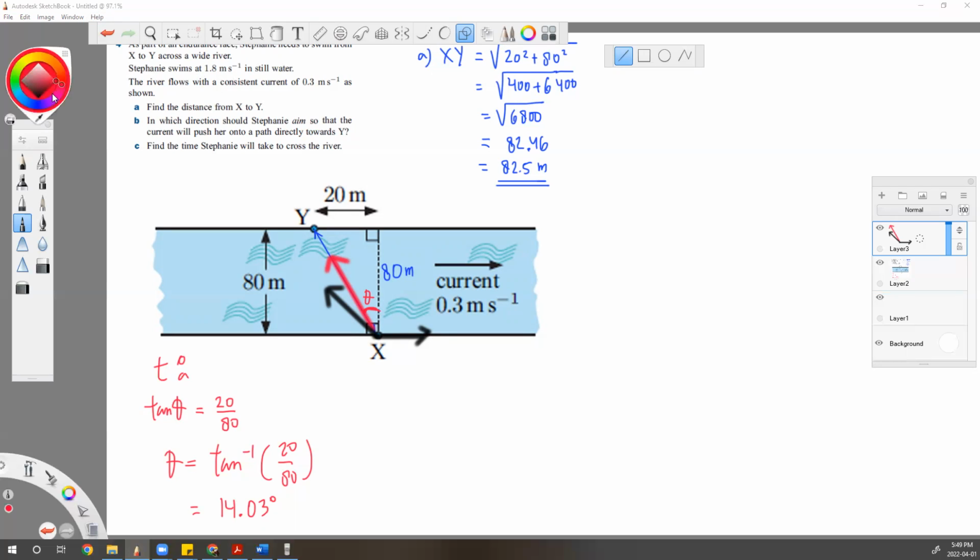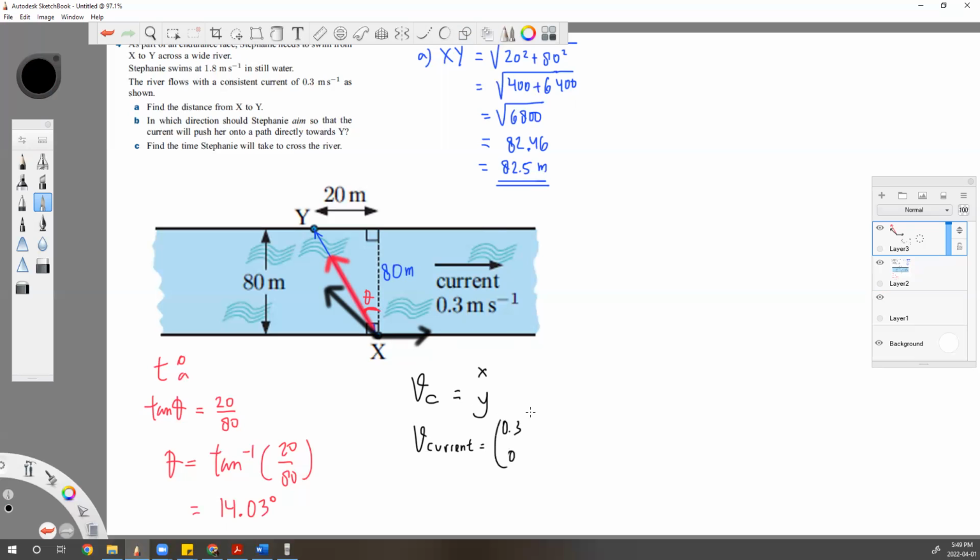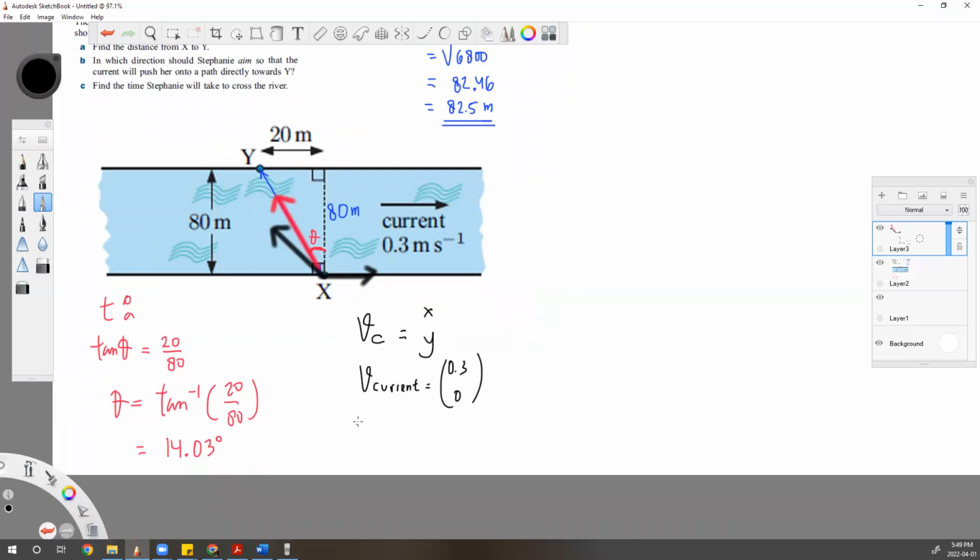We are focusing on the angle right now, or the speed. So the speed, or V, of the current will be X, Y, only X. See? So V of the current, so much here, 0.3 and 0, going right. Then V of the resultant, what Stephanie is supposed to do, the red color one.